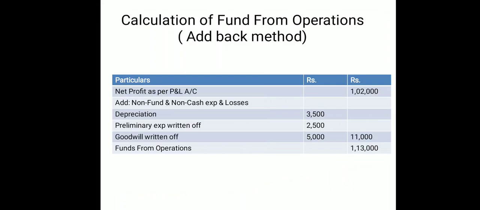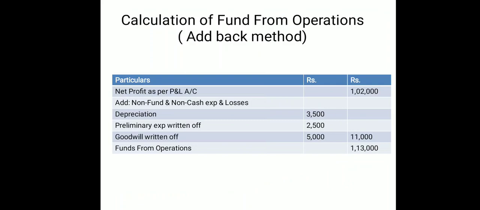In the question, we have these items: depreciation, a non-cash expense; preliminary expense written off, a non-cash expense; and goodwill written off, a non-cash expense.